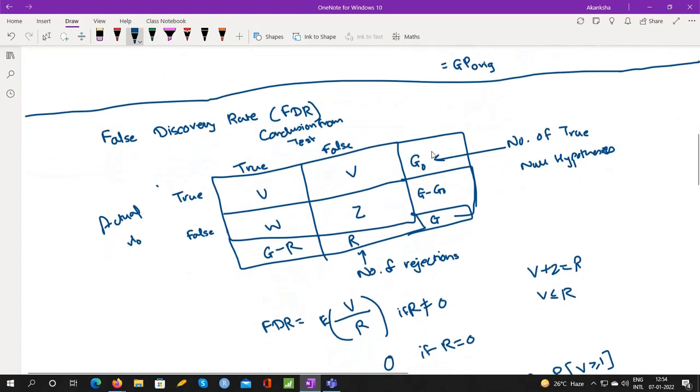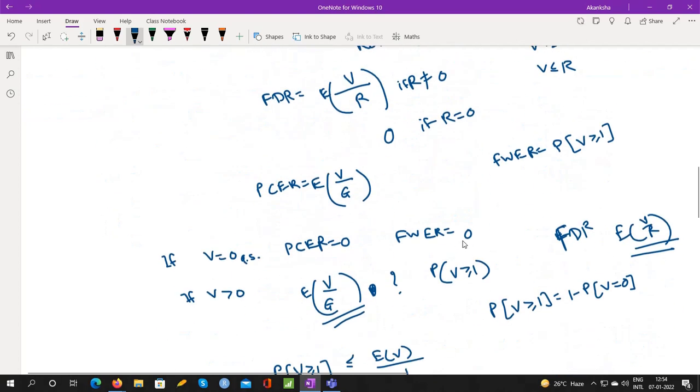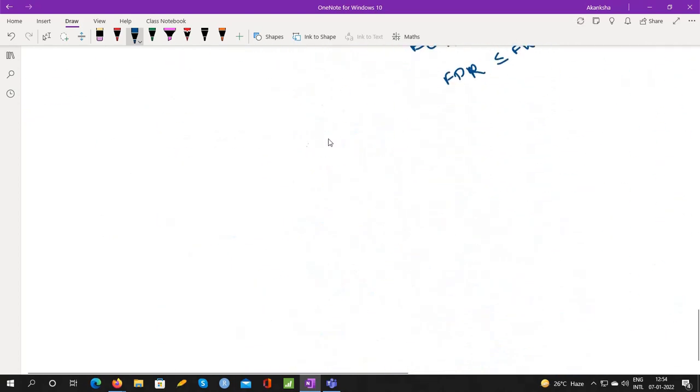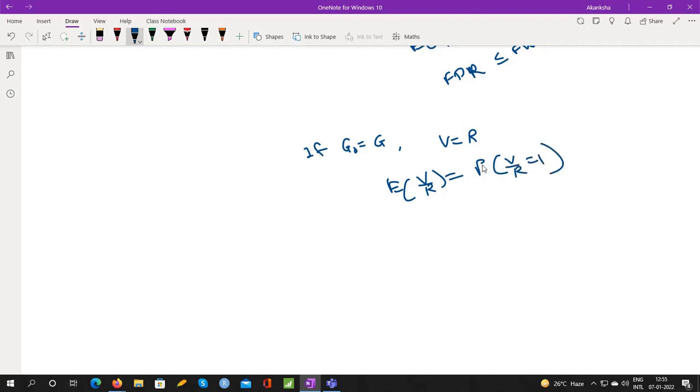So if all the hypotheses are true, then things are even simpler. If G naught is equal to G, then what happens? If all the hypotheses are true, then whatever rejections you have, all are false rejections. So V is equal to R. In that case the expectation of V by R would simply be the probability of V by R equal to 1, because there are no true positives.